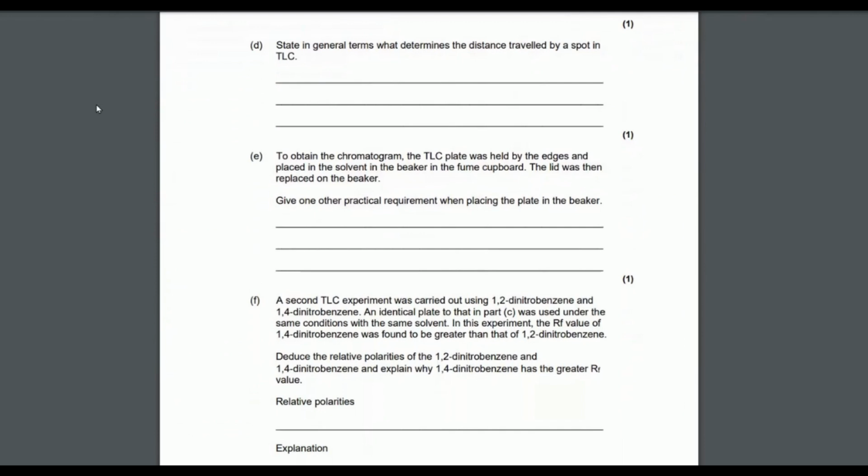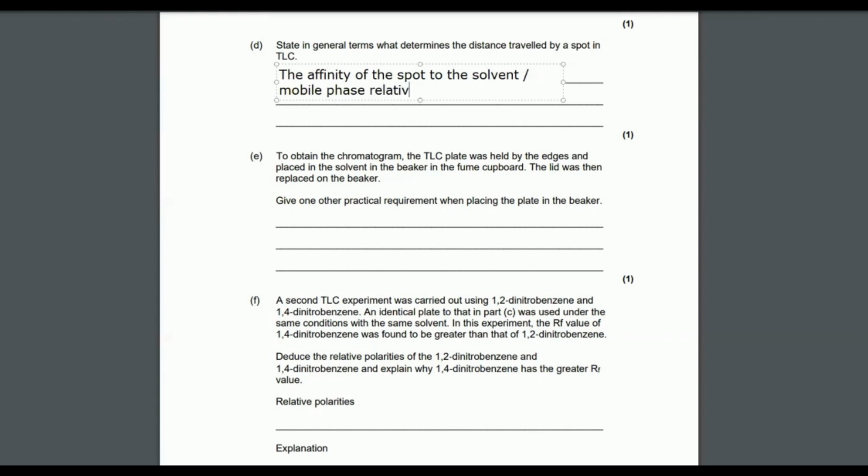State in general terms what determines the distance traveled by a spot in the TLC. So what factors determine how far a spot travels? Remember there was a hexane solvent. Well, it's going to be how well our substance or our spot dissolves in the solvent. Another way of saying that is what's its relative affinity for the mobile phase, or the solvent, compared to its retention in the solid phase.